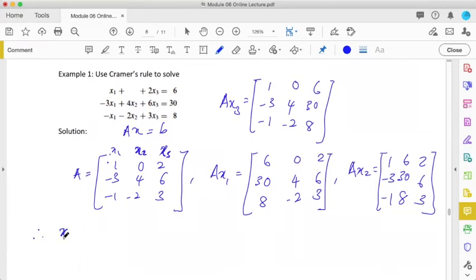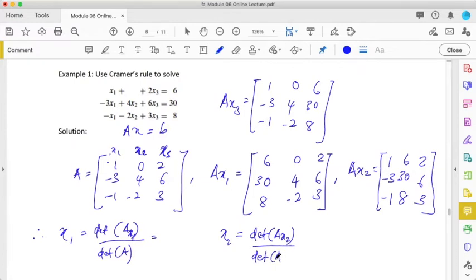Therefore, to find x1, we use this equation: the determinant of AX1 divided by the determinant of A. For x2, we get the determinant of AX2 divided by the determinant of A. And finally, for x3, we get the determinant of AX3 divided by the determinant of A. So you need to find the determinant of all these matrices.